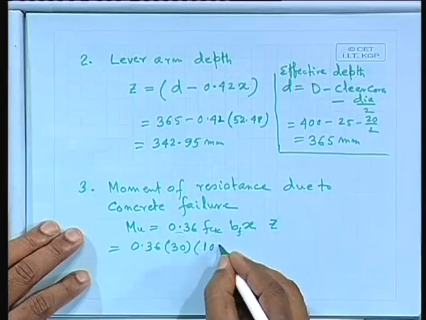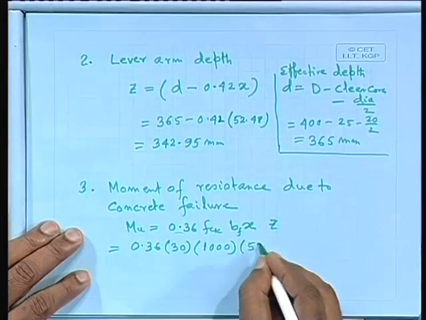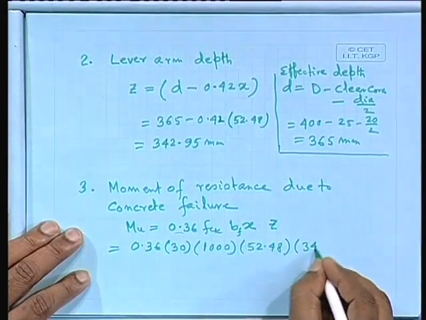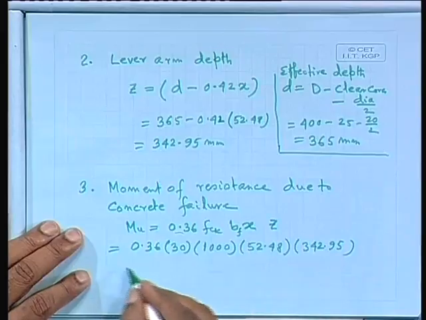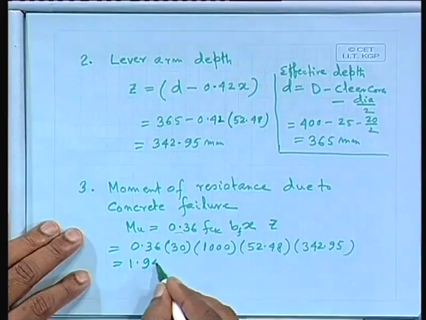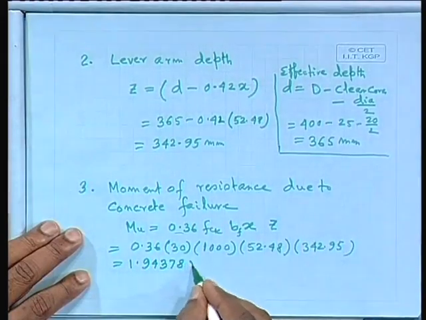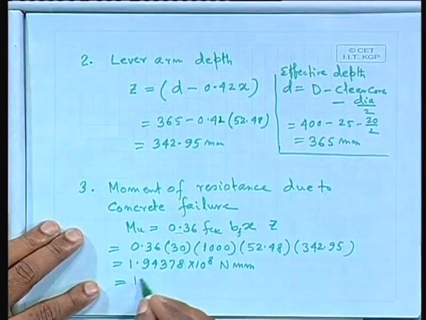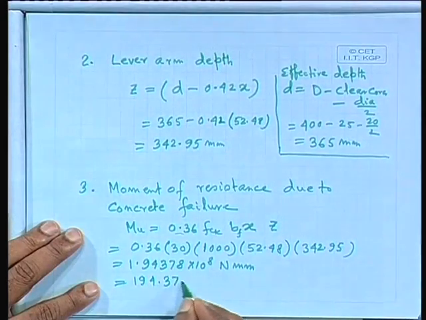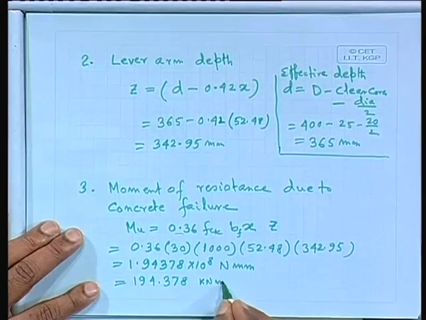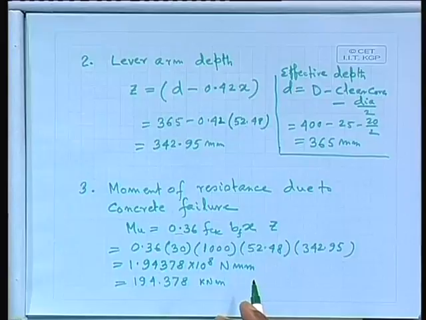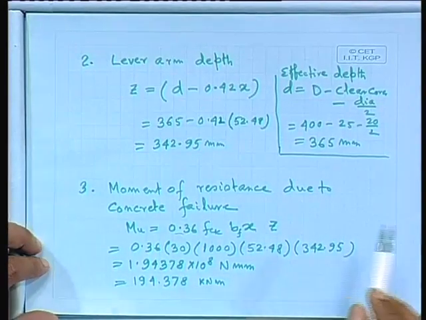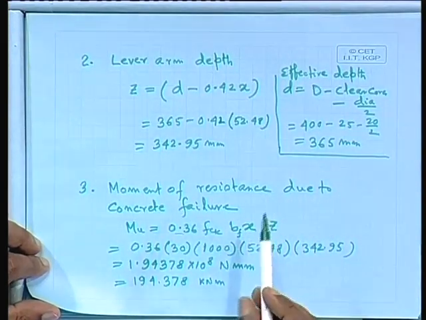So, BF equal to 1000 times 52.48 times 342.95 equals 1.94378 into 10 to the power 8 Newton millimeter equals 194.378 kilonewton meter. Okay. So, moment of resistance we are taking due to concrete failure.